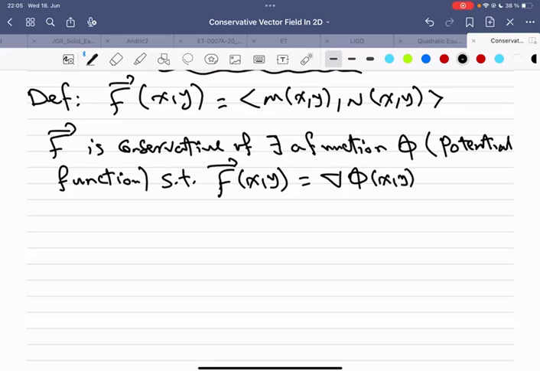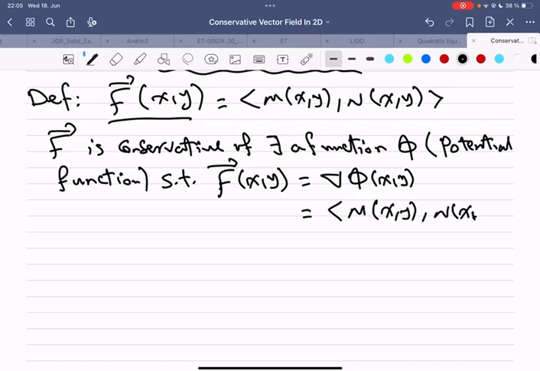So this is the condition for F to be conservative. So if there is a function phi such that F(x,y) equals gradient of phi, in this case F will be M(x,y), N(x,y), and you know that gradient phi is phi x and phi y.